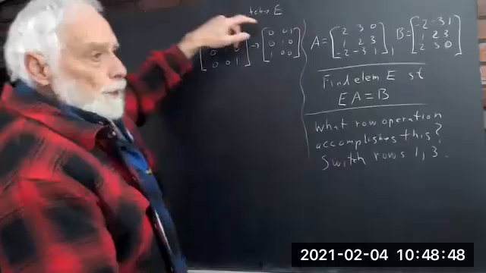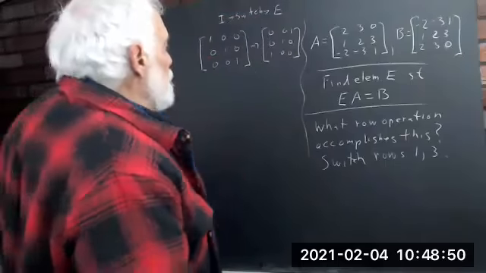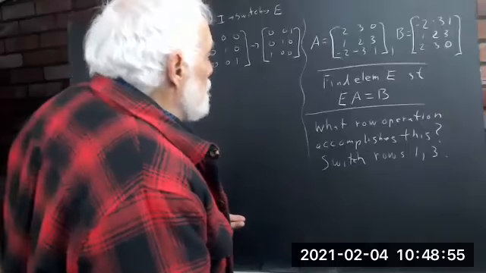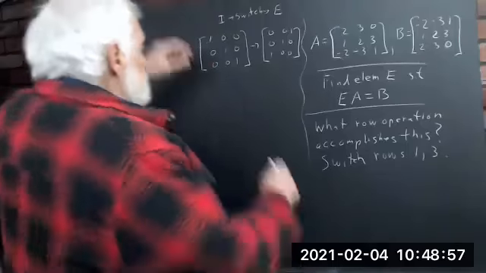You take the identity, you do the switch of the rows, and you get the elementary matrix. And that's it.